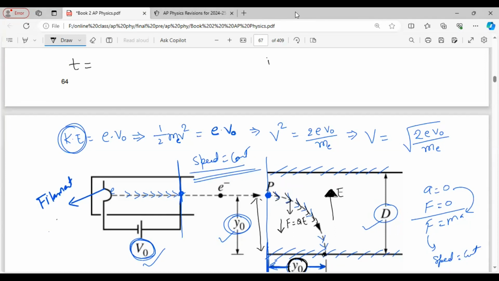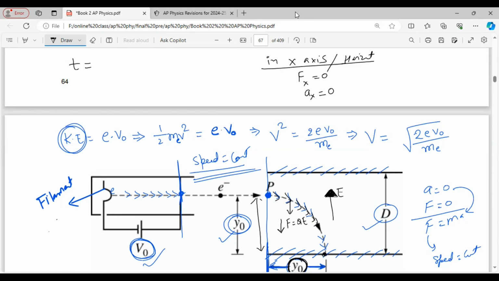So along the x-axis, or horizontal direction, if we consider the horizontal direction, there is no force along the horizontal axis. So if there is no force in the horizontal axis, there will be no acceleration along the horizontal axis.